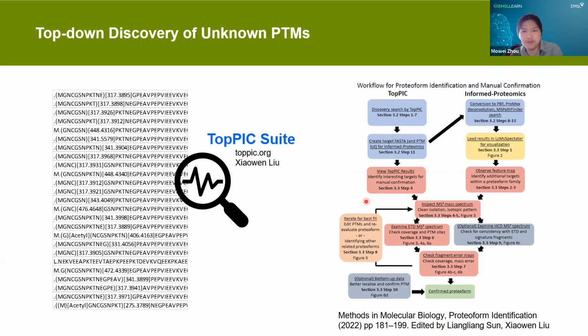It describes in more detail the steps we typically use to identify unknown proteoforms and validate them manually using different software tools. I won't talk about the details here, but I just want to give you an idea of how we apply this approach to confirm or identify what this unknown mass shift is.